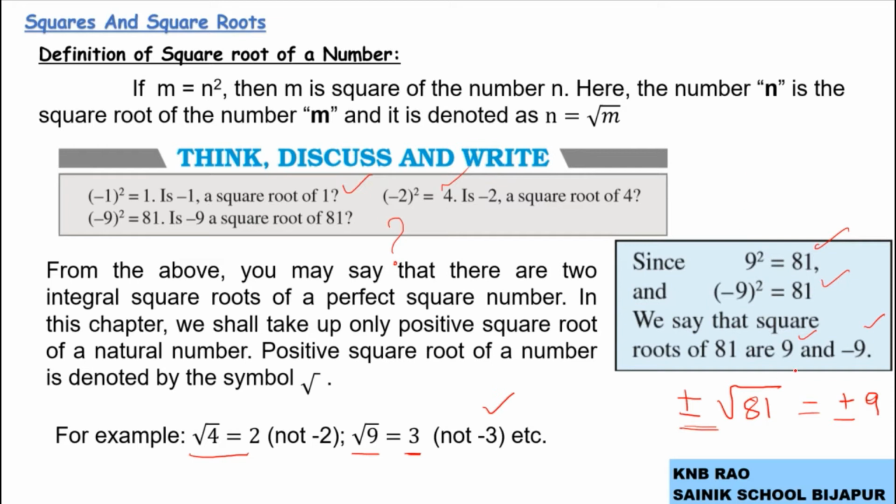We will be learning in detail about this. If x square equals 81, then x is equal to plus or minus root under 81. Therefore, x is plus 9 or x equals minus 9. These concepts you will learn in your further classes in depth.